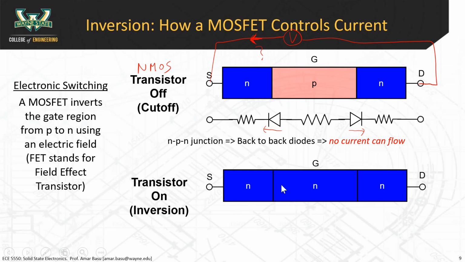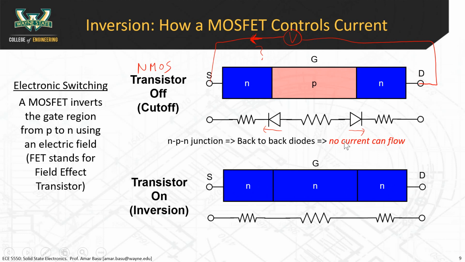Now what do we have? We have an N-type material, another N-type material, and another N-type material. There's no PN junction here. So as a result, this just looks like three resistors. If you just have three resistors, of course, you can have current flow between the source and the drain. It just acts like a resistor.